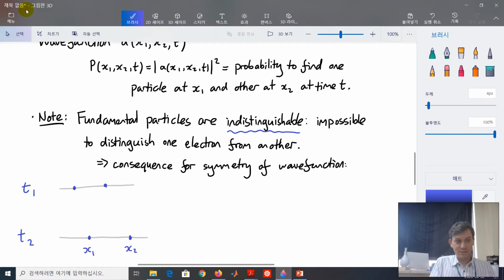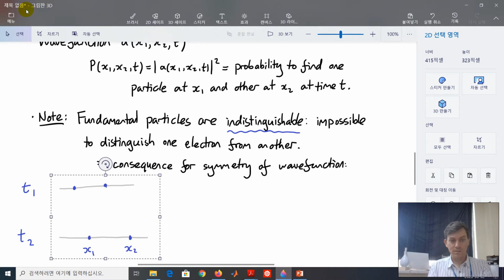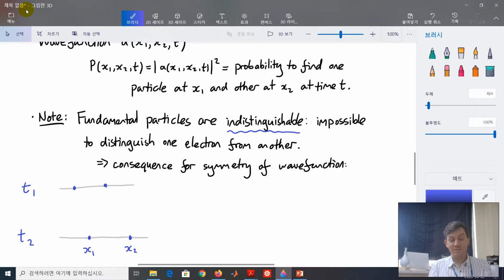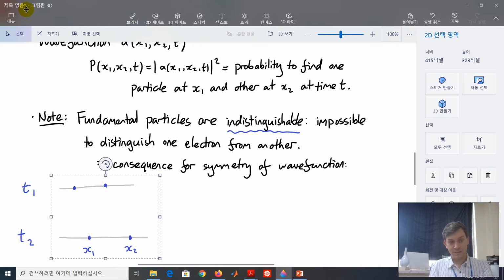Then there are two different ways the system could have evolved. This first electron here could have moved like this, and the second electron here could have moved like that.